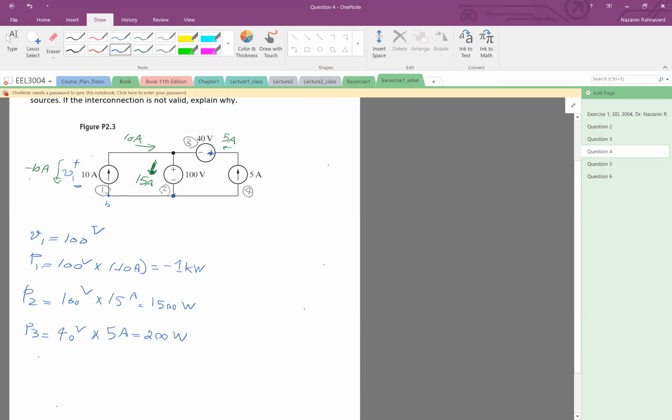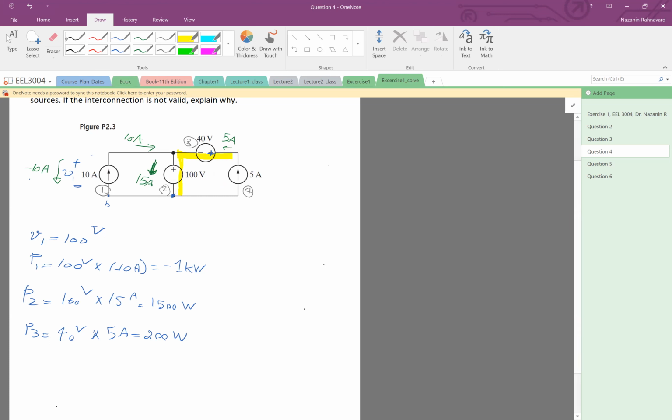Okay. Now P4. To calculate P4, I have the current, but I need to find the voltage. Okay, so again here, we can do different ways of calculating the voltage. As you see, there is a 100 volt here. This is a voltage source. So an increase of 100 volts and then an increase of 40 volts here.